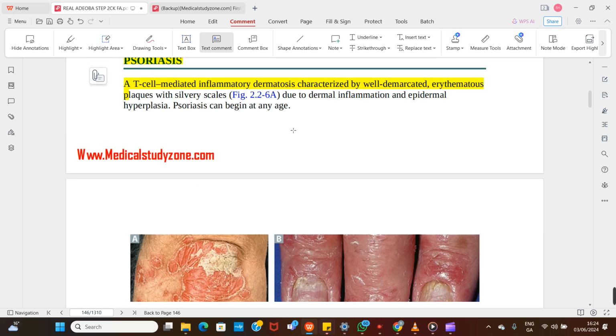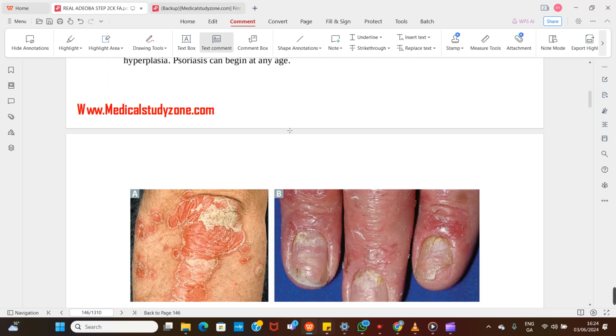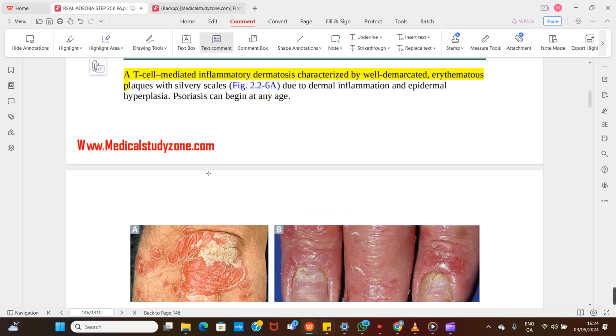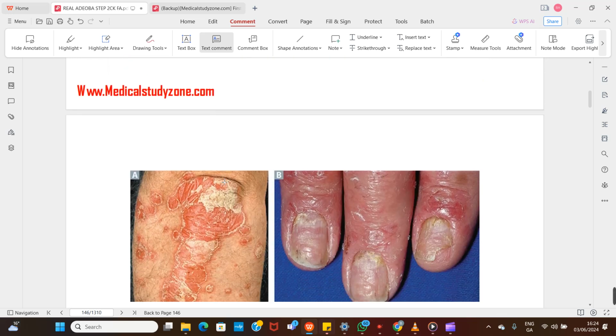So I think we should use the silvery color more, not white, so that we don't get confused. Silver, because the question stem might actually tell us the scaling. Silver scales. Just pick your answer and you move.